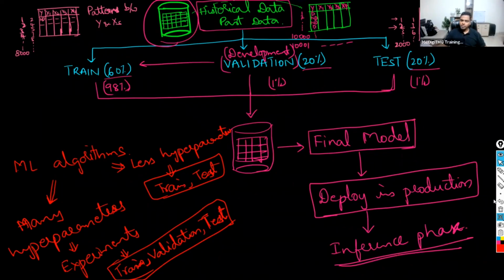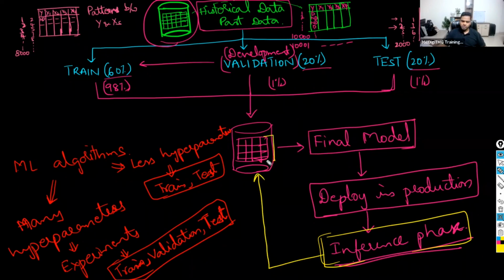Okay, one more thing people also do is, once a model is deployed in production, once you keep getting back the results, you also write all the prediction results back to your database. You create another column and keep storing that. Why? Because eventually, if your model accuracy keeps on decreasing, that's called model drift.